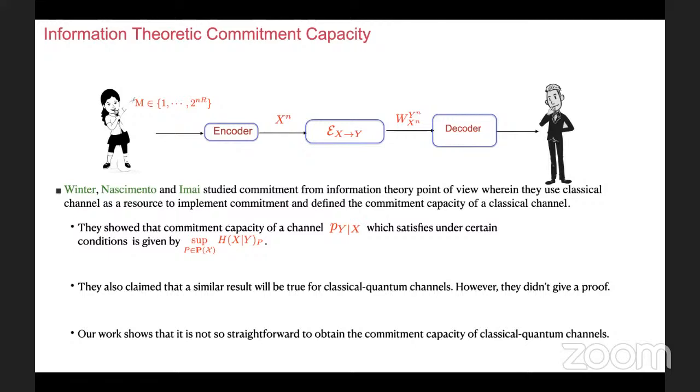Winter, Nascimento, and Imai showed that for the case of a classical channel, if we want these two conditions to be satisfied, that is, Alice should not change her mind while revealing her message to Bob, and Bob should not be able to know anything about the message until Alice reveals it to him, then the commitment capacity of a classical channel is given by the conditional entropy of X given Y, where X is the channel input and Y the channel output, maximized over the input distribution.